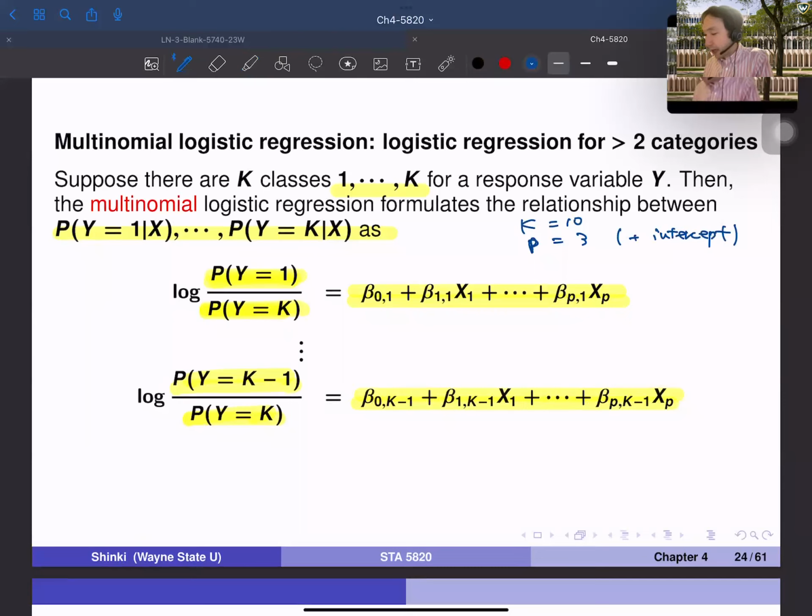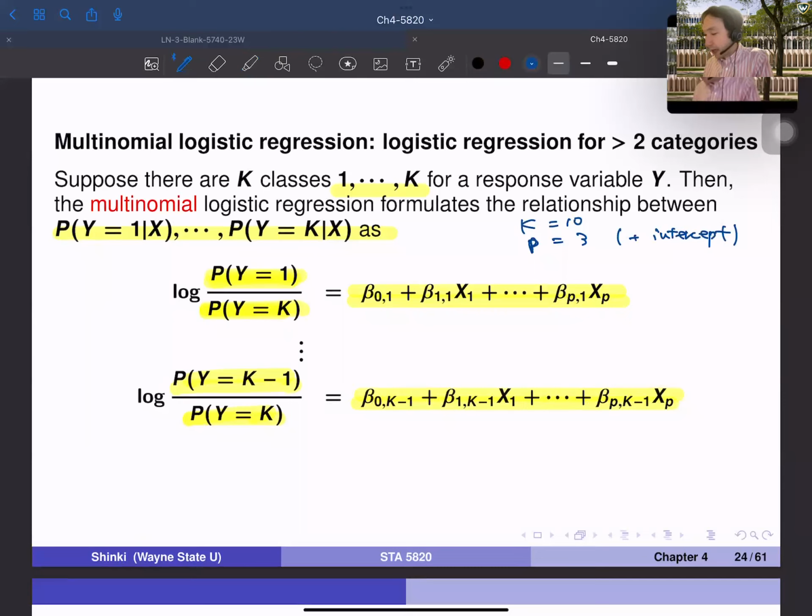So we have k equal to 10. So y equal to 1 to y equal to 9. So we have model 1, 2, 3, and up to 9. So this model includes basically 9 submodels. And for each of these 9 models, how many parameters? p is equal to 3, so we have 4 parameters, 4 parameters for each model.